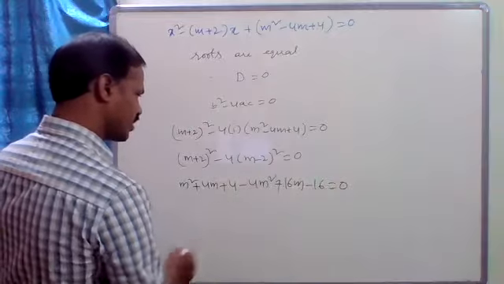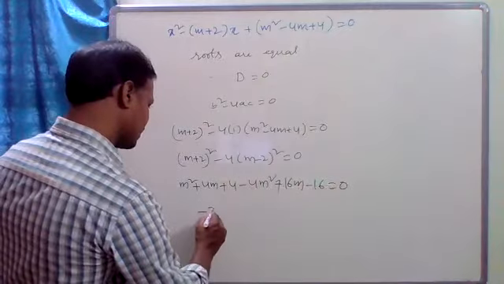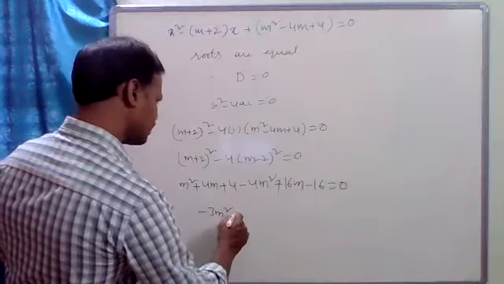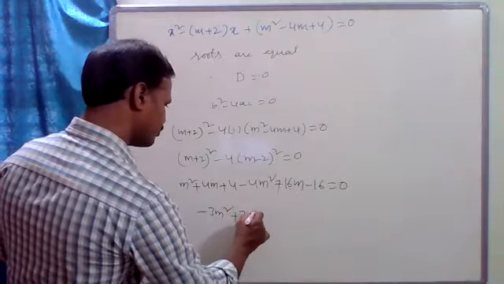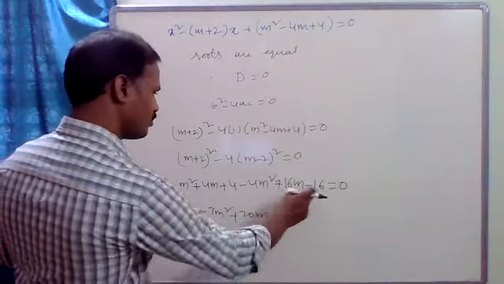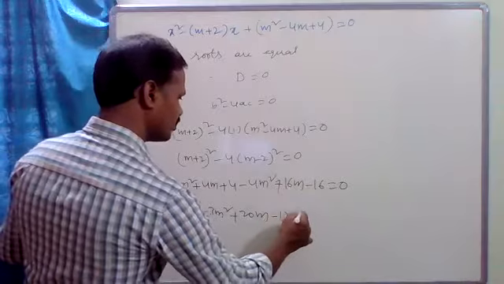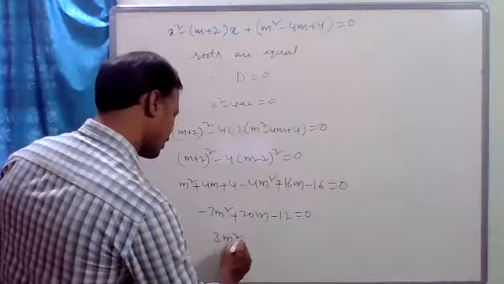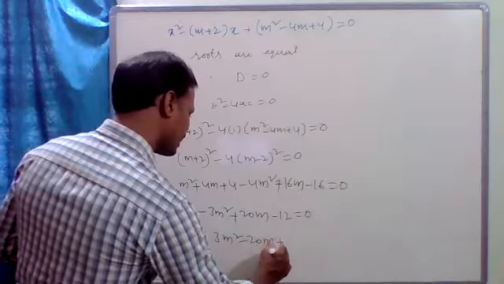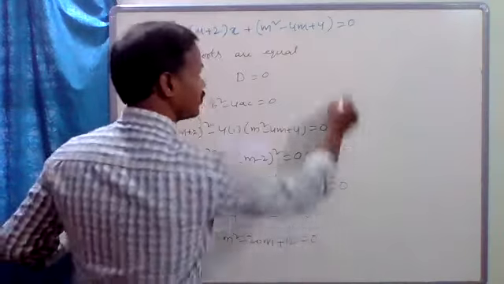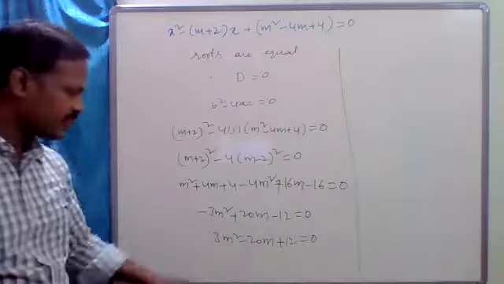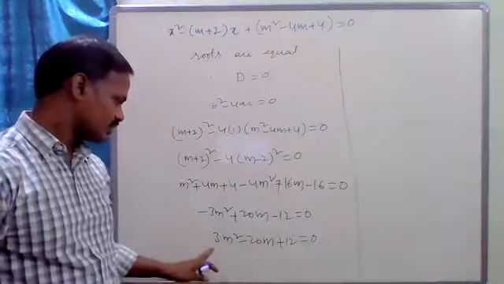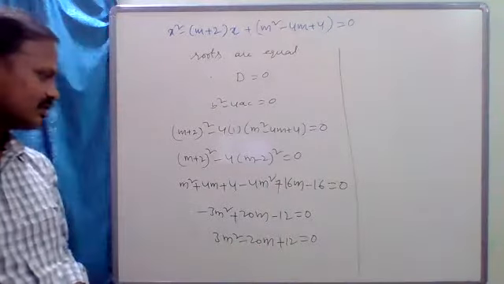So m square minus 4m square is minus 3m square, 4m plus 16m is 20m, and 4 minus 16 is minus 12, equal to 0. So which is 3m square minus 20m plus 12 equal to 0. So this is 12 is 36.